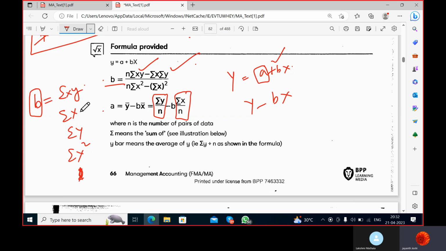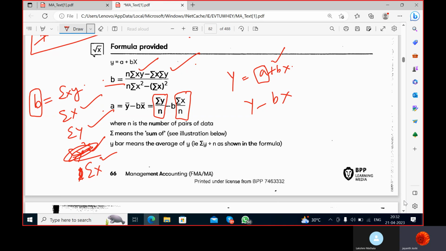That's the second thing. So you want sigma x, sigma y, and sigma y square, as well as sigma x square. Correct? Correct, sir. But sigma y square is not there. Sigma x square we want. And also we want sigma xy as well.